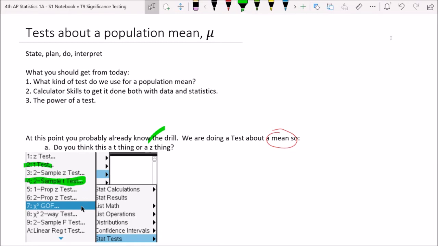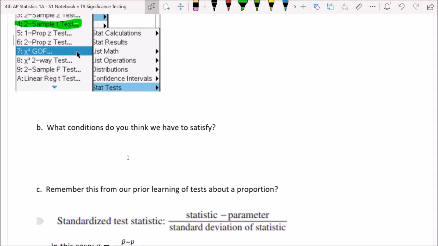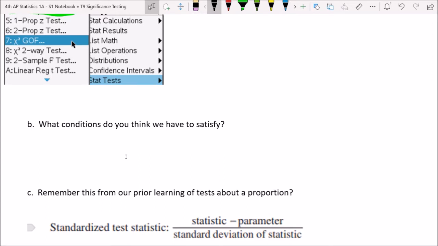Okay, so let's talk about conditions that need to be satisfied. Unsurprisingly, we need to satisfy the randomness condition. So we need a random sample, or if it's an experiment, random assignment. Random, got to work on my spelling this morning. We do have to satisfy the 10% condition, and then we have to establish normality of the sampling distribution.